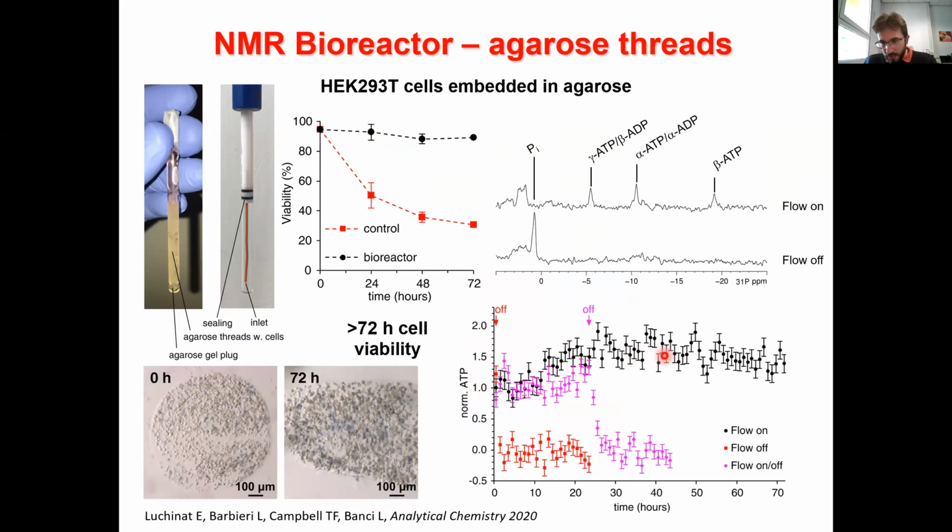As you can see, with active flow of nutrients for 3 days, you have a pretty much constant ATP level. Whereas if you interrupt the flow, you have 0 ATP because it gets consumed immediately. If the flow is switched off, it goes to 0 immediately. So that's proof that the metabolic activity is sustained.